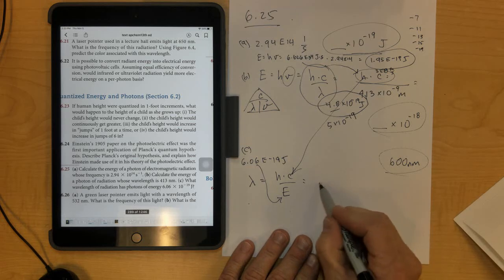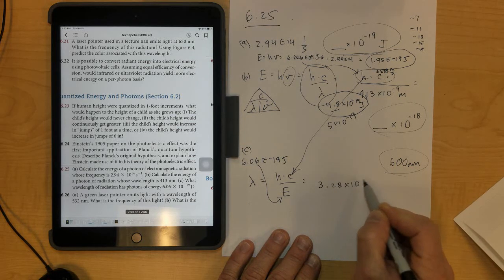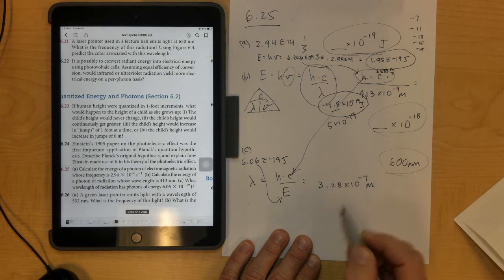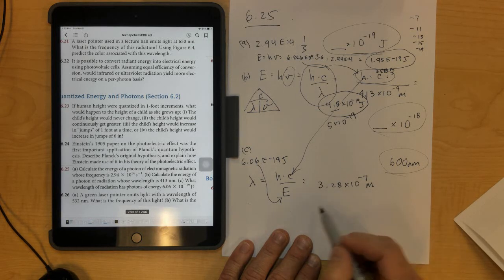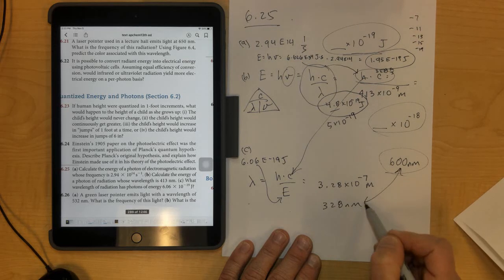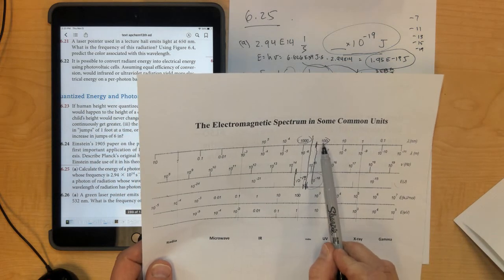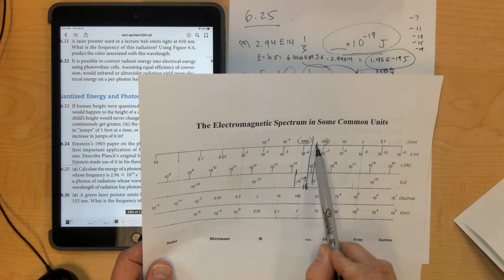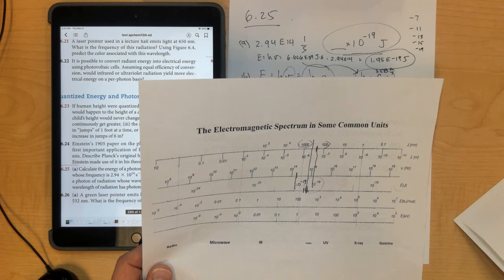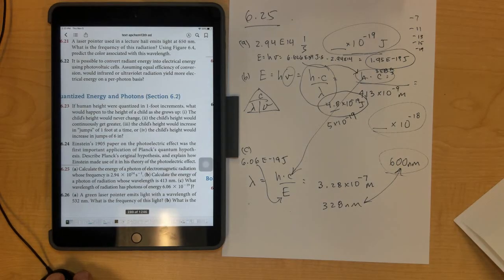You'd end up with 3.28 times 10 to the negative 7th meters. Move the decimal two places to the right to get it to nanometers, so it'd be 328 nanometers. Were we in the ballpark? Sure we were. We're 328 to 600, so we're somewhere between 100 and 1,000. We said we'd be close to that, so we're in the ballpark region of both of those by using the electromagnetic spectrum chart.